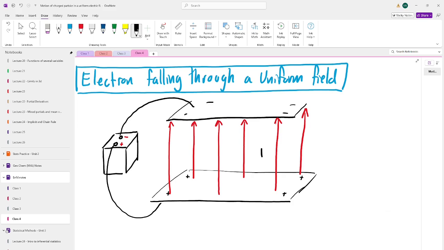So if I place a positively charged particle in the E field, it would feel a force in the direction that the field lines are going in, so in this direction. On the other hand, if I place a negatively charged particle, we know from the previous lecture that it will feel a force in the opposite direction of the field lines, that is to say, in this direction.